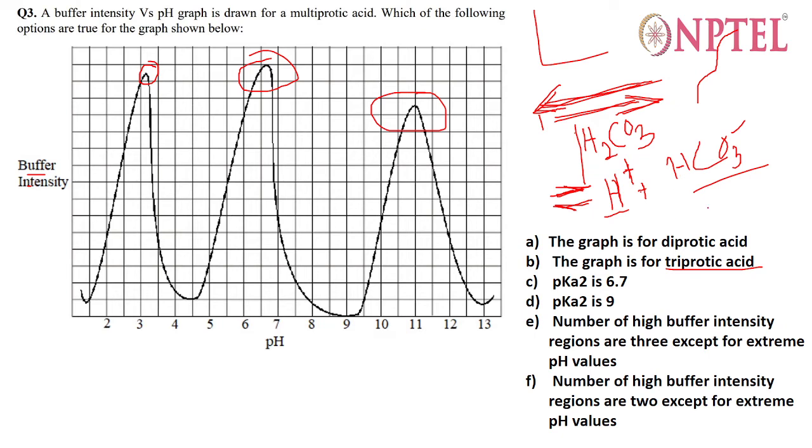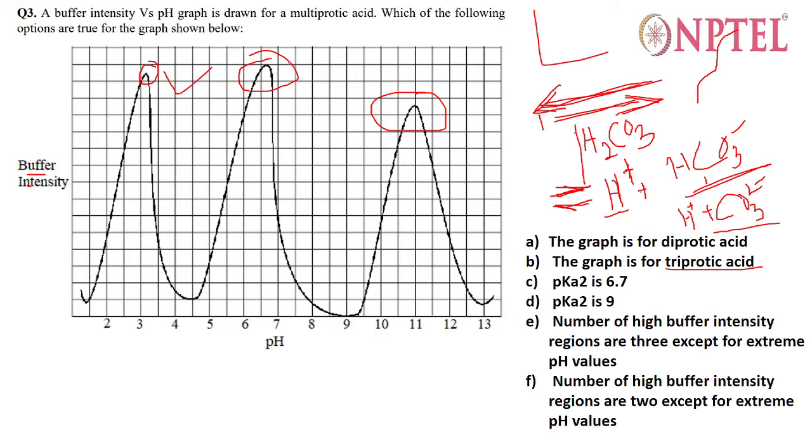Suppose there is a bicarbonate ion, it can give up this H plus and form CO3 2 minus, the carbonate ion. So at that point, we can find the buffer intensity as the highest.